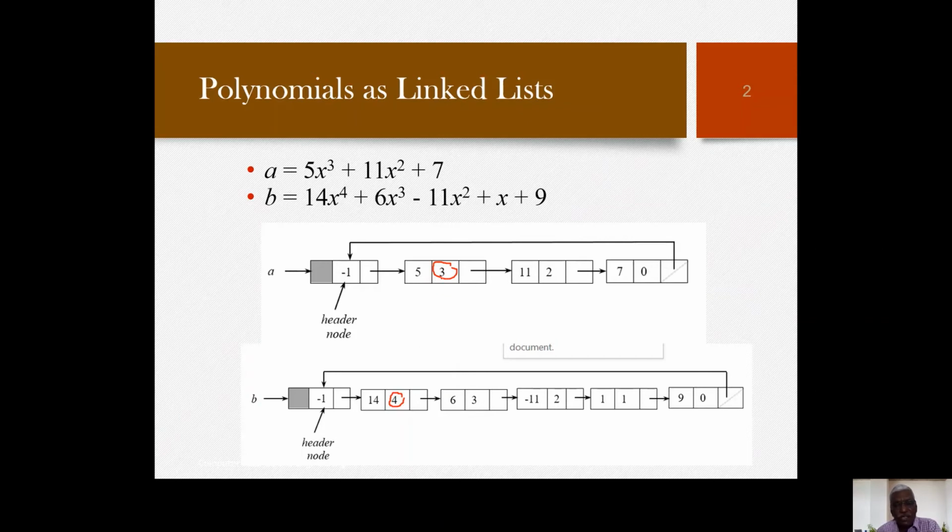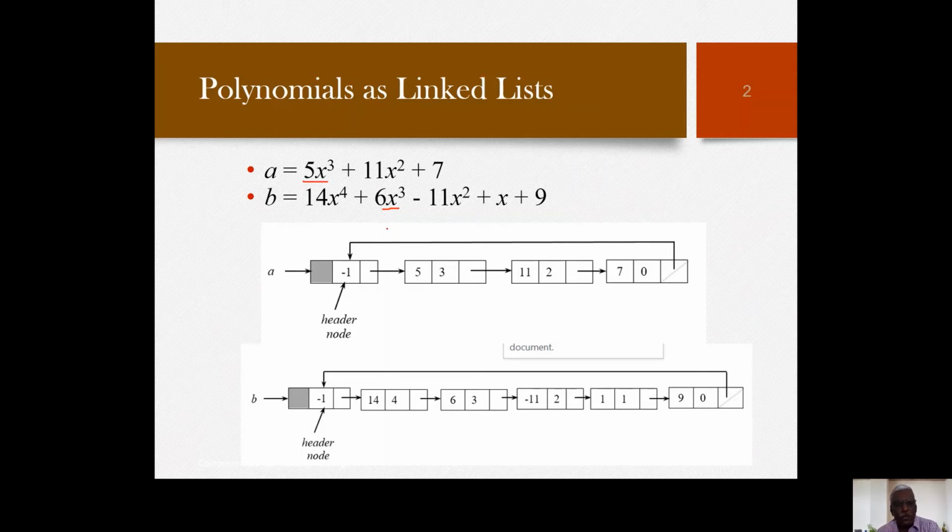So when the exponents are not equal, we cannot add, and we could actually put the term into the final linked list, that is C. I'll show you that in the code. And whenever the exponents match, then we can employ addition, like x cube and x cube here, 11x cube.